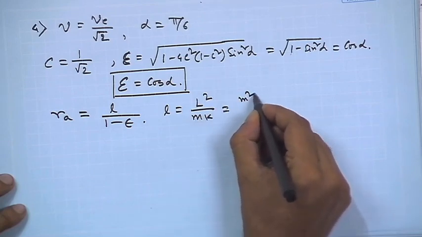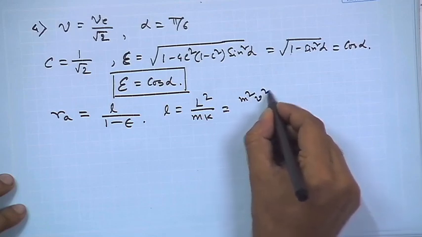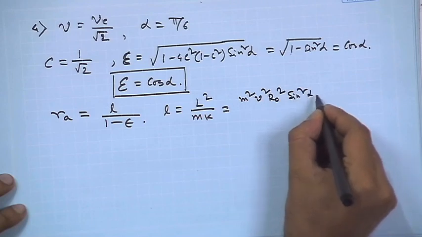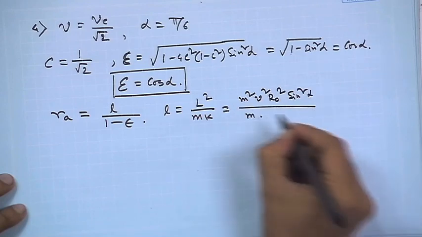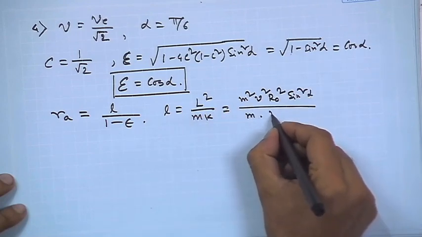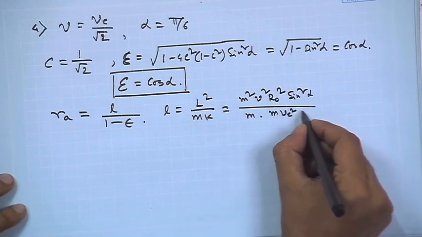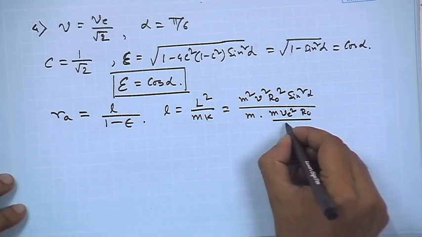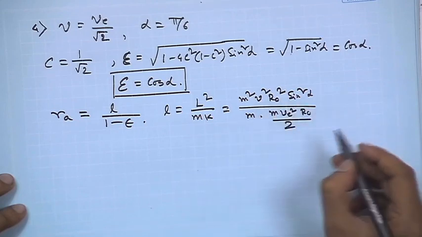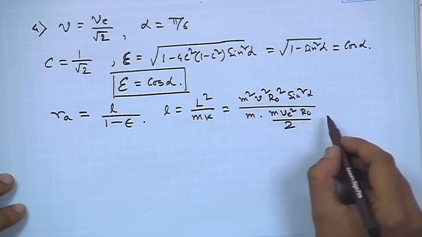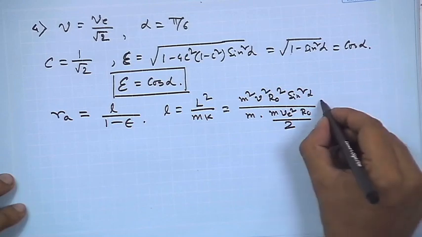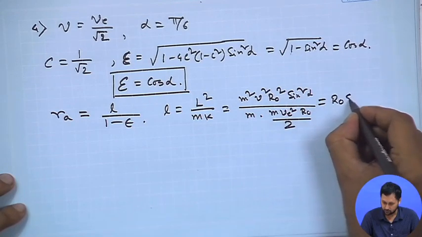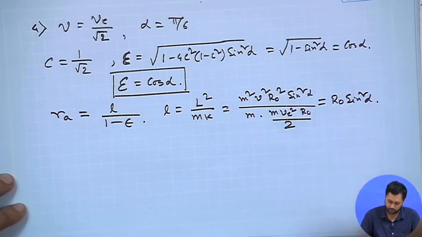Once we do that, l will be m square v square r 0 square sin square alpha over m, and k can be replaced by m v e square r 0 by 2. We put r 0 because the projectile is fired from the surface of the earth. Once we do these cancellations, we are left with r 0 sin square alpha.